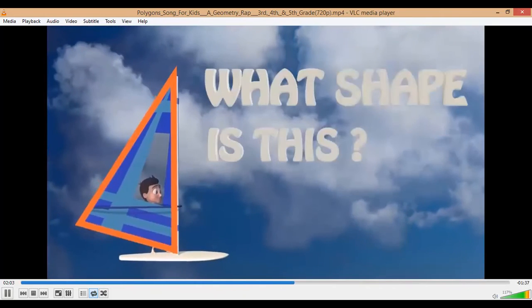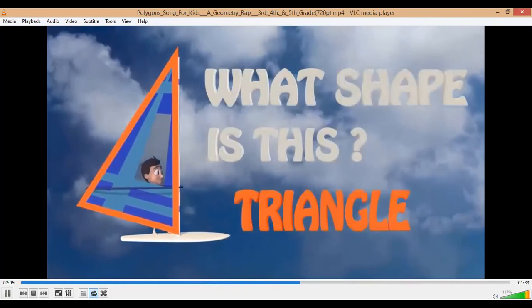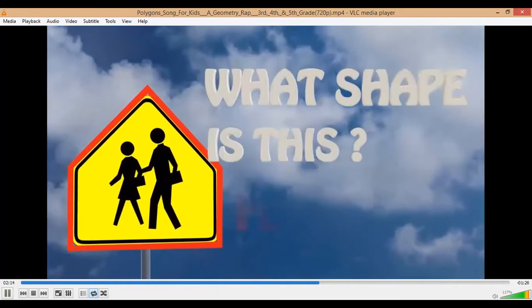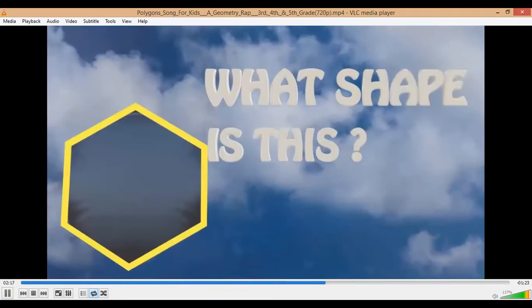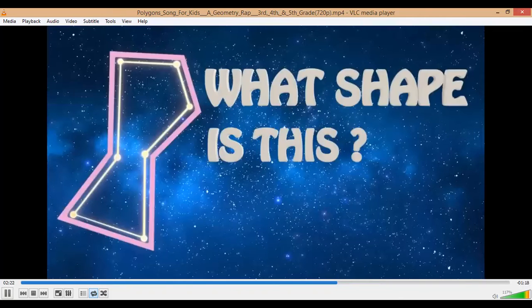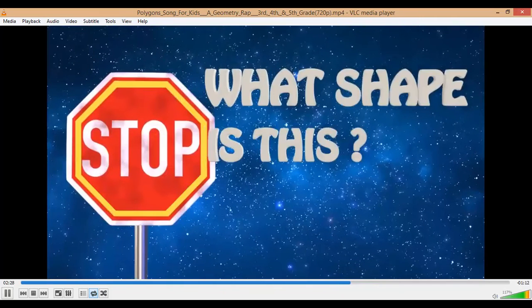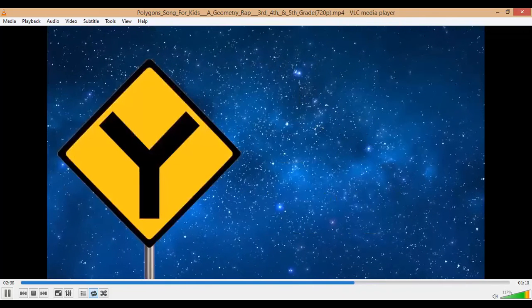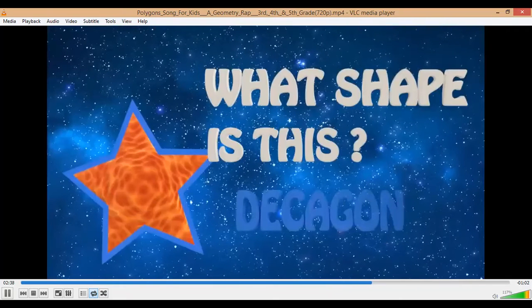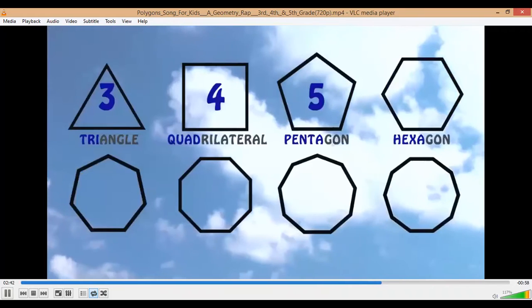What shape is this? Triangle, What shape is this? quadrilateral, What shape is this? pentagon, What shape is this? hexagon, What shape is this? heptagon, What shape is this? octagon, What shape is this? nonagon, What shape is this? decagon, Tri means 3, quad means 4, penta means 5, and hexa means 6.